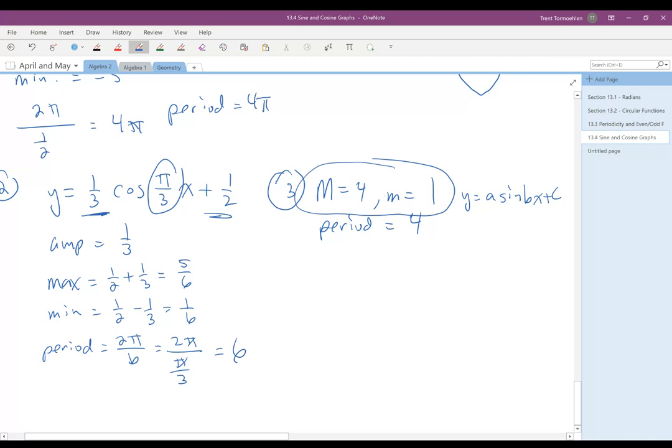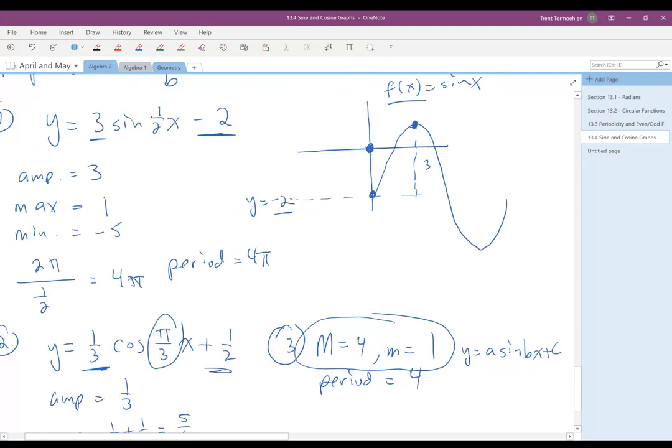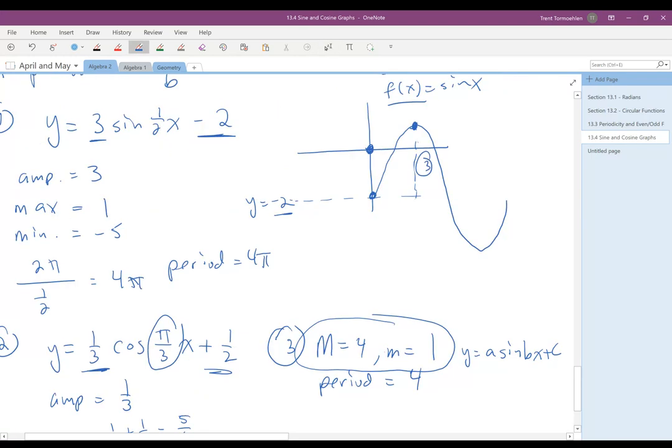They tell you where the midline is, which is how much you're shifting it up and down. And they also tell you what the min and the max are, or what the amplitude is. Remember, what we do on these is the amplitude goes up this amount and then down this amount.